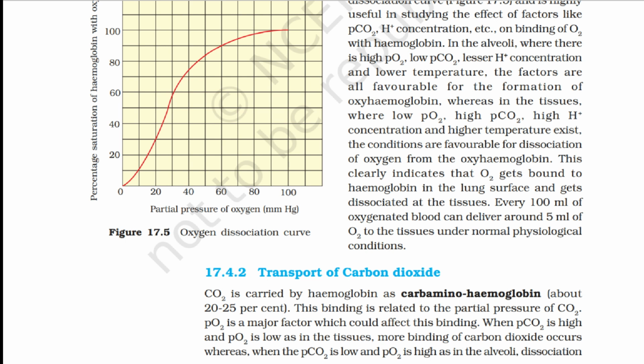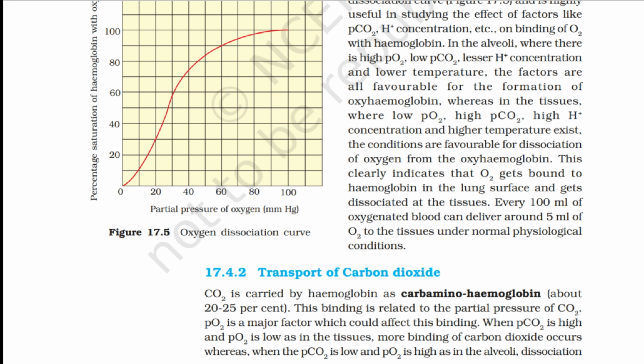In the alveoli, where there is high PO2, low PCO2, lesser H+ concentration and lower temperature, the factors are all favorable for the formation of oxyhemoglobin, whereas in the tissues, where low PO2, high PCO2, high H+ concentration and higher temperature exist, the conditions are favorable for dissociation of oxygen from oxyhemoglobin.